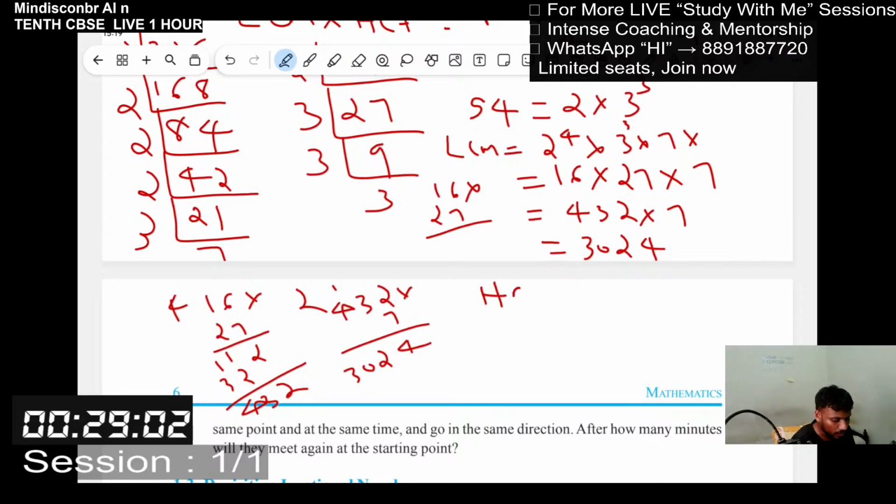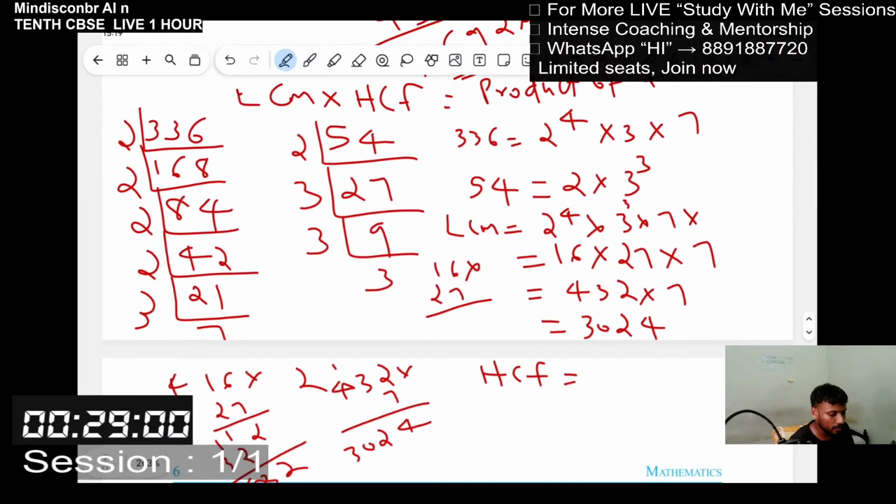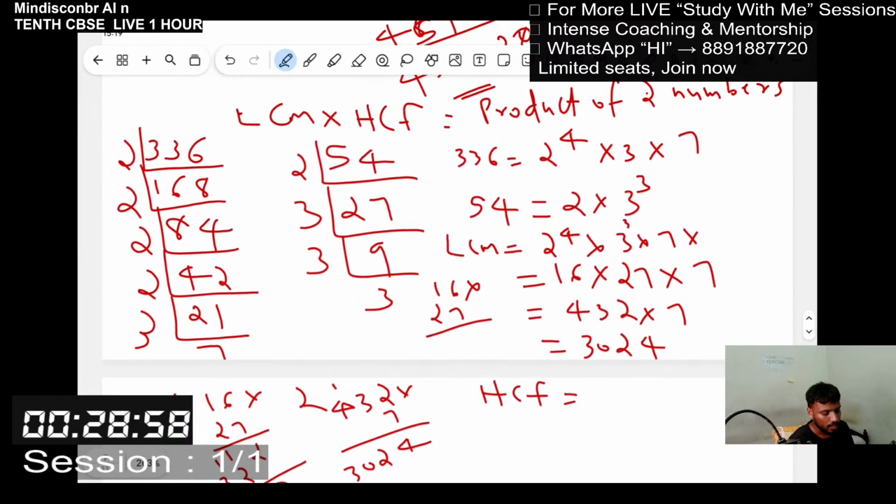And HCF. The full form of HCF is highest common factor. You have to take the lowest value of common prime factors. Here the lowest of 2 raised to 4 and 2 is 2. And in 3 and 3 raised to 3, the lowest is 3. 2 into 3, 6 is the HCF.